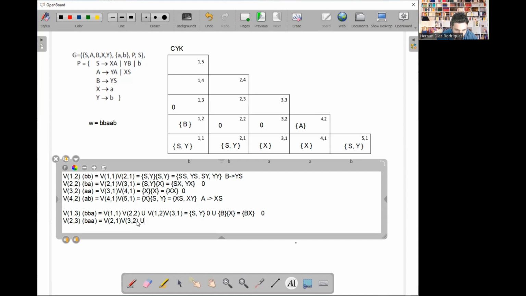And the other option that we have is taking two characters in the second position and taking one character starting by the fourth position.